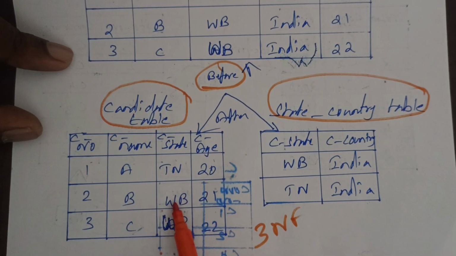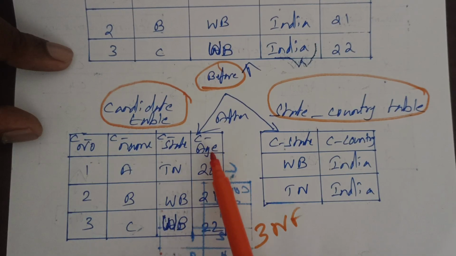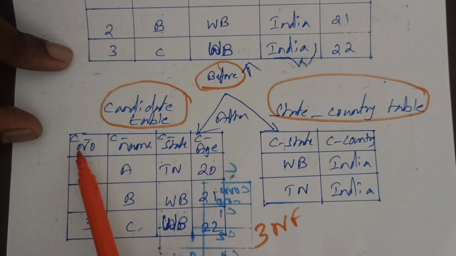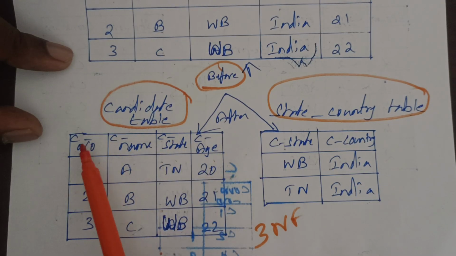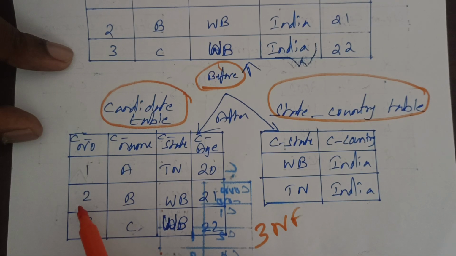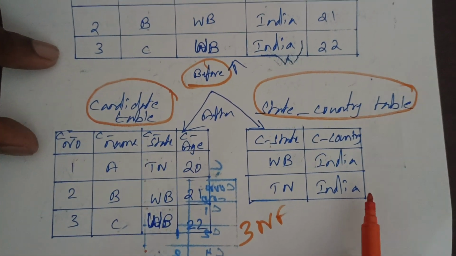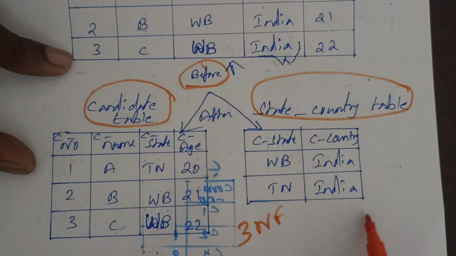Here it is 21, West Bengal, candidate name is B. So that is unique here. Candidate number is unique, candidate name may be unique, candidate state may be unique, and age may also be unique. So here there is only one candidate key. All the other columns are dependent on only one candidate key, right? This is actually prime.